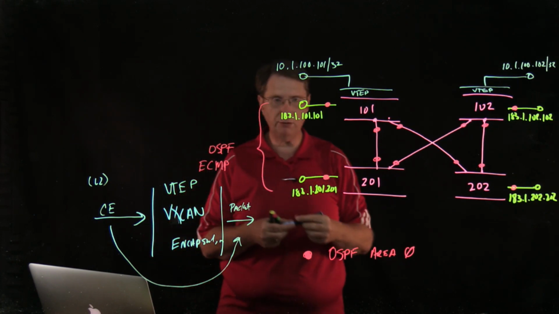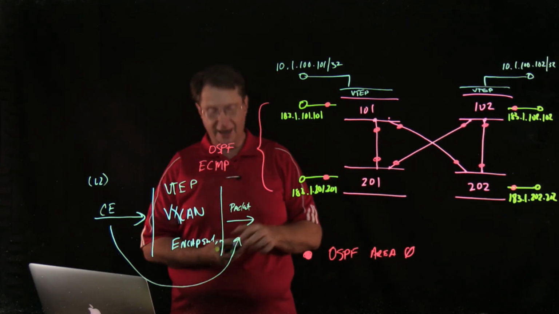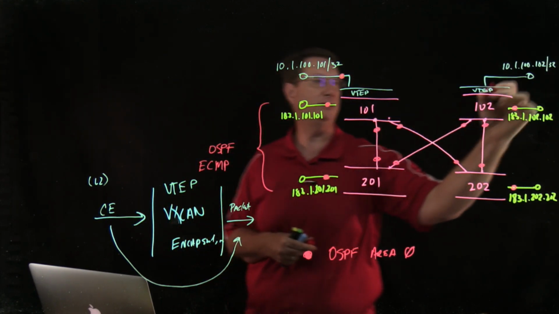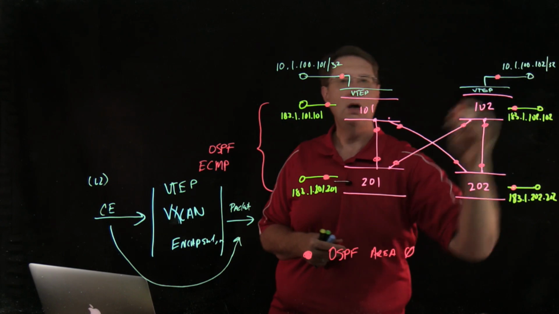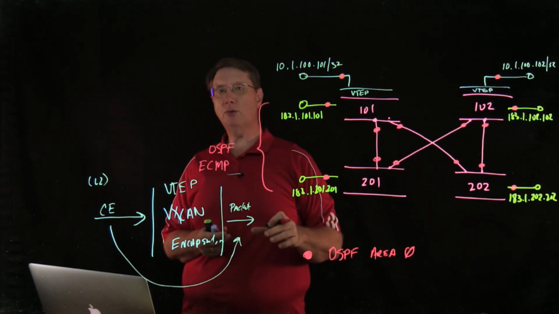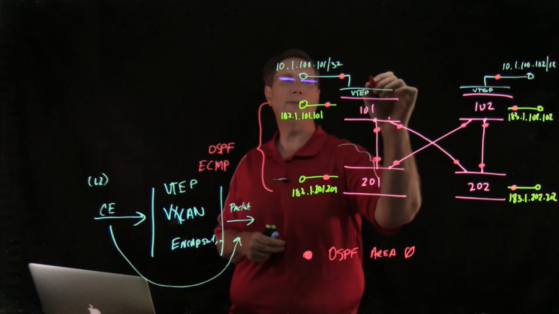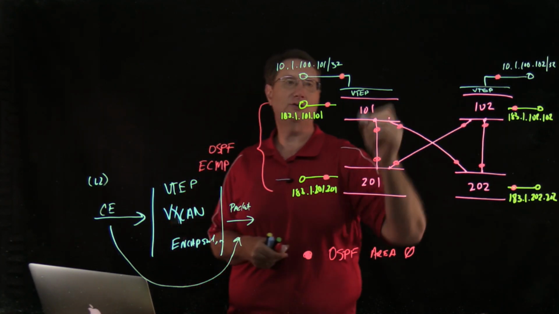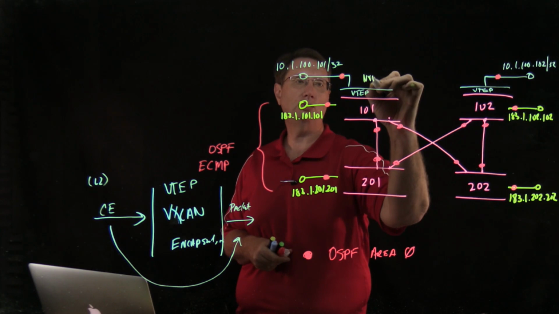Now, it becomes important to keep in mind that to function, these interfaces are also going to have to be advertised into OSPF. Later on down the road, we're going to create a logical interface, something called an NVE interface, a network virtual edge interface.